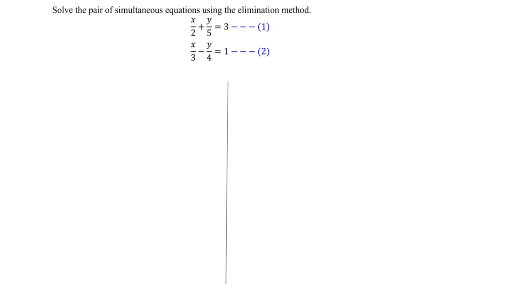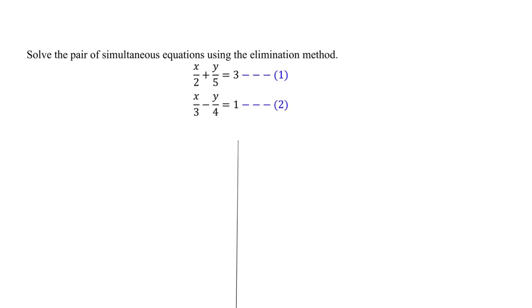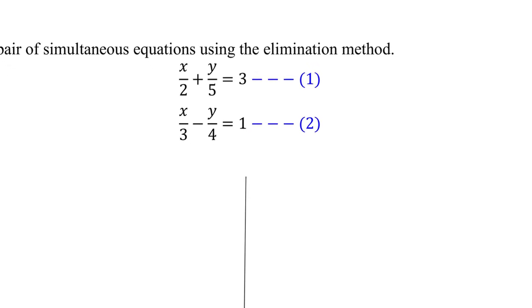Right, so in this case here, equation 1, I'm going to multiply by 10 throughout, okay? And I'm going to multiply by 12 throughout equation 2 in order for us to eliminate the denominator.